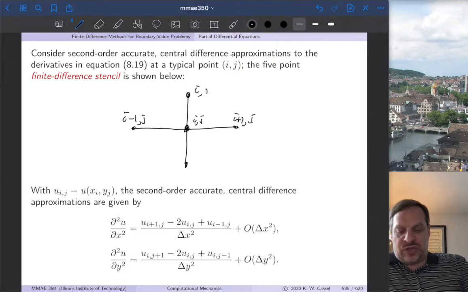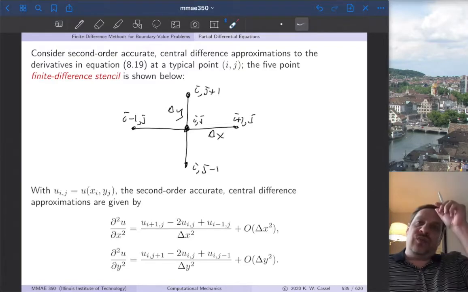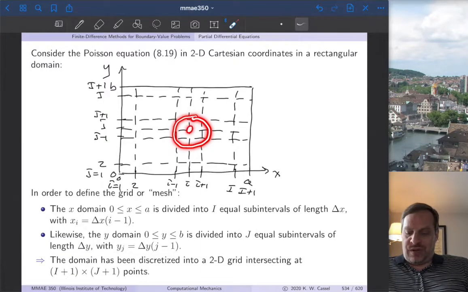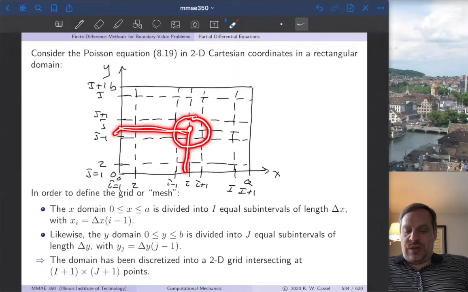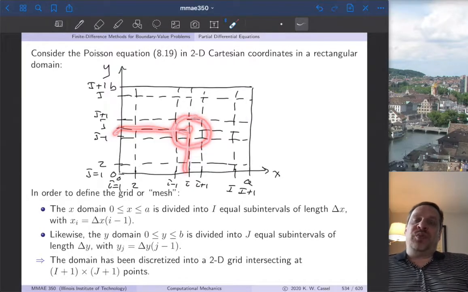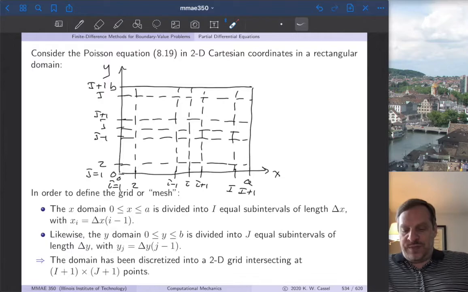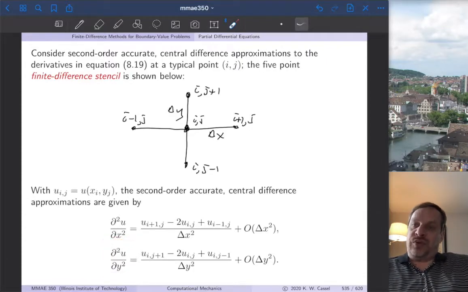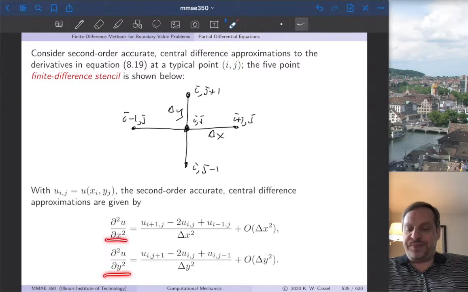Above is i j plus 1 and i j minus 1. Then this is delta x, and this is delta y. So if you go back here, it's just showing for a generic ij point, right here, the points on which that approximation depends. So as you remember from second-order accurate central difference approximations for our two derivatives, both second order, one in x, one in y.